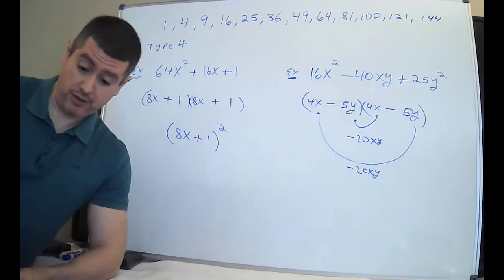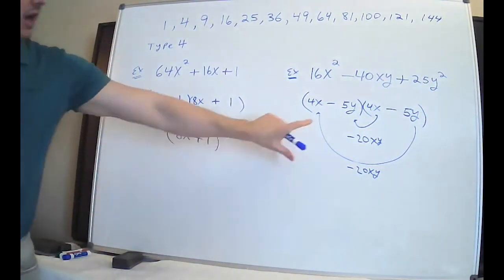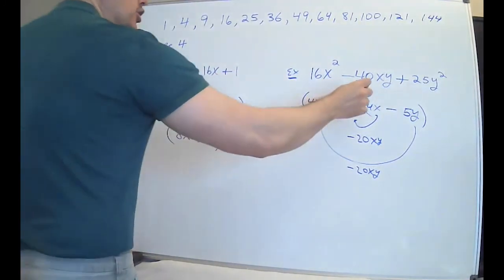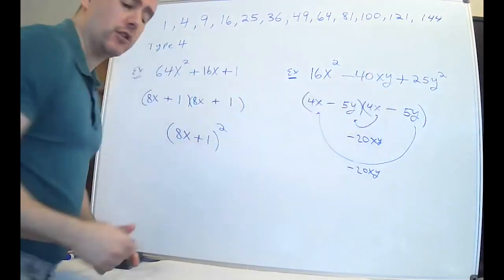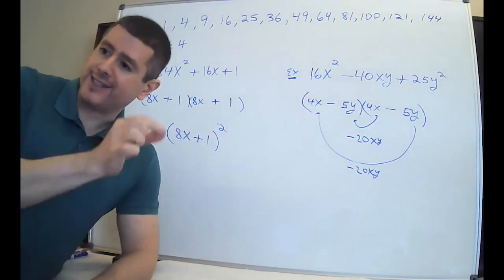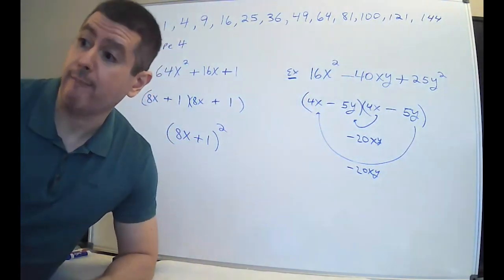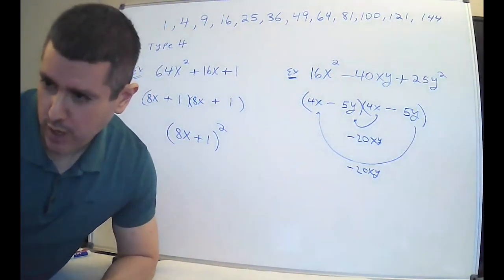Just have faith that it will work. And you can check it at the end. I checked it. I made sure it works. I got negative 40. But I didn't use this when I factored. I don't look at the 40 as I'm factoring. I looked at the 16 and I looked at the 25. That's how I got my numbers. Okay, so that's type 4, perfect square polynomial.